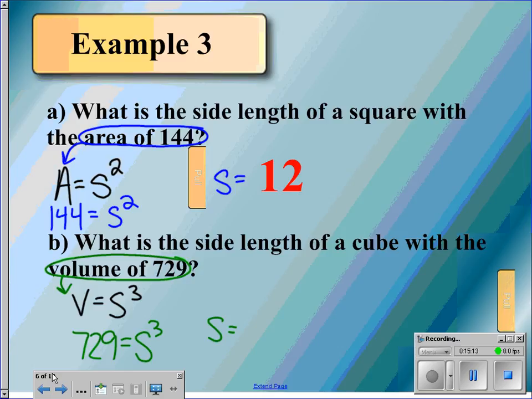You try the cube root on your calculator. What's the cube root of 729? Oh yeah, 9. Cube root of 729 is 9. So the side length of this cube is 9.